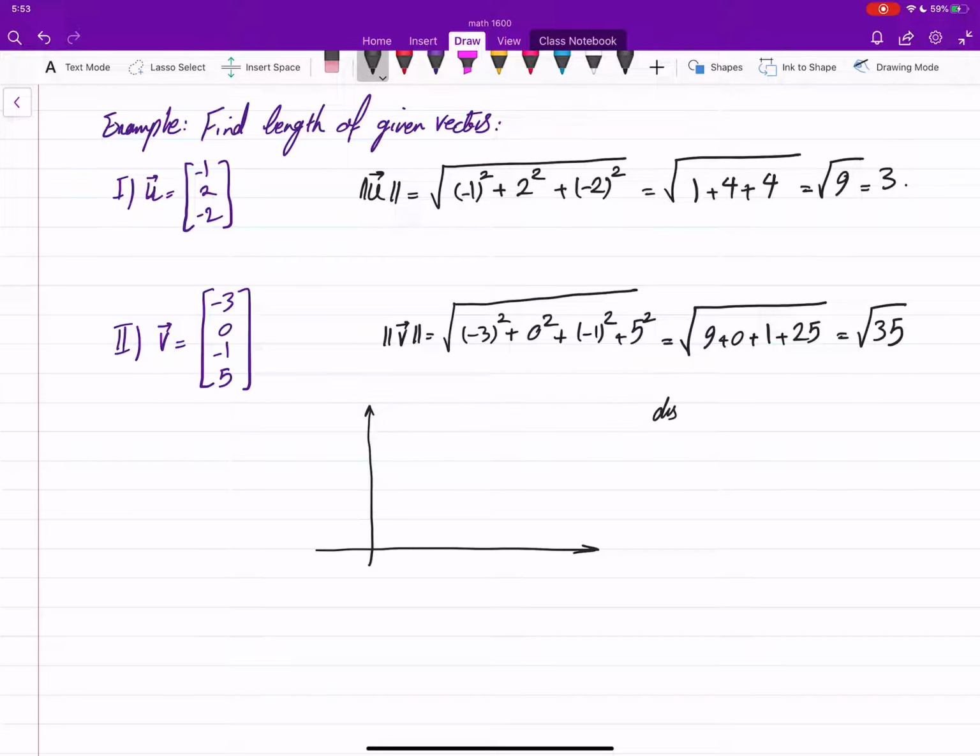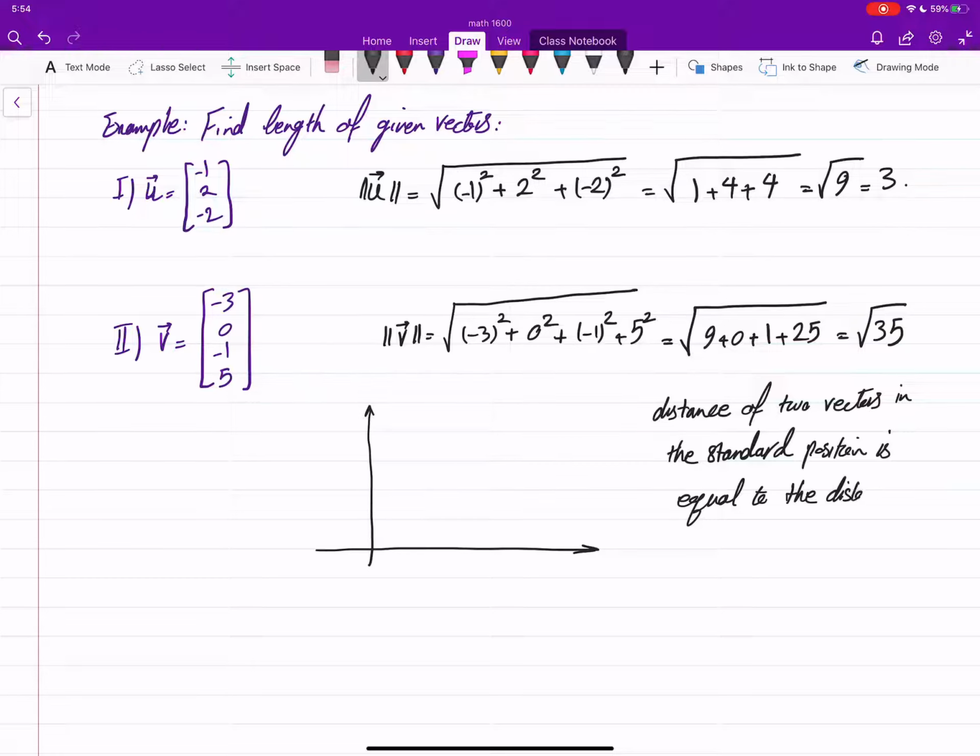Basically, in general, the distance of two vectors in the standard position, so first put their tails or initial points at the origin, is equal to the distance of their end points, maybe I should have written terminal points.